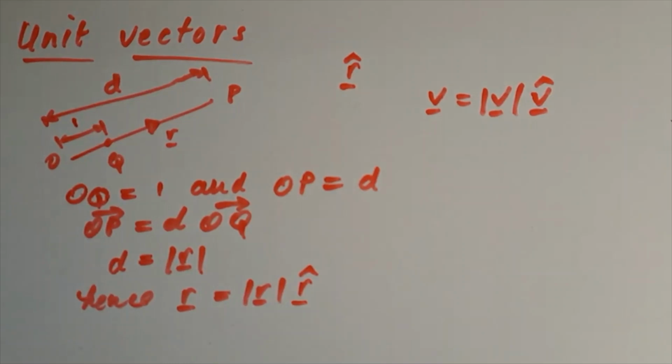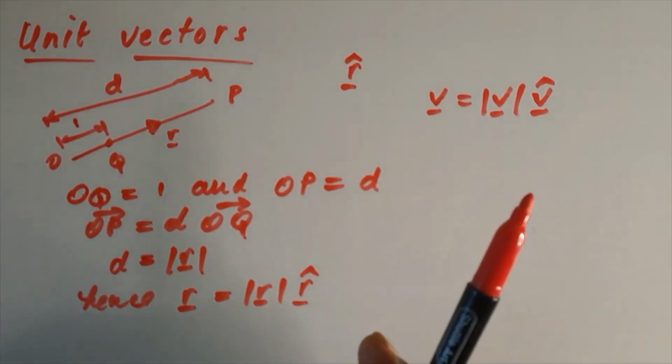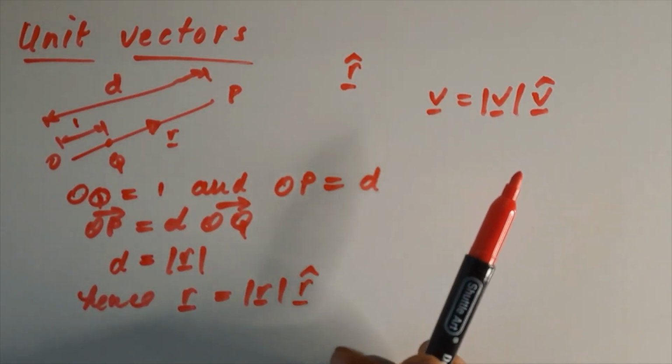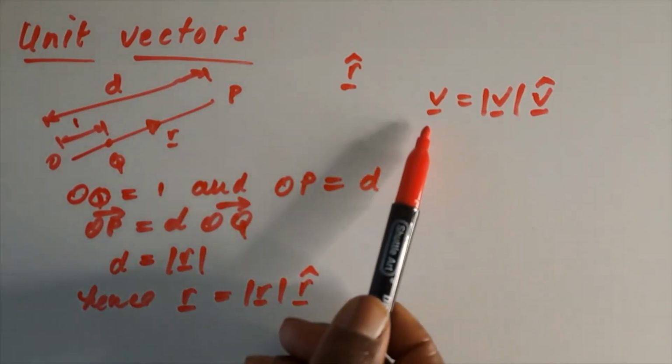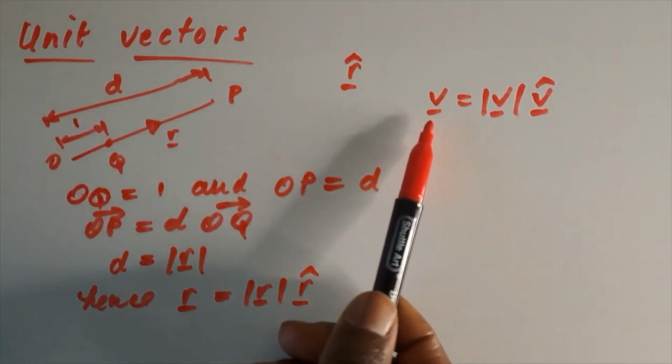This is a very useful and important definition of vectors. So given the magnitude and a unit vector in the same direction, we can actually determine what that vector is.